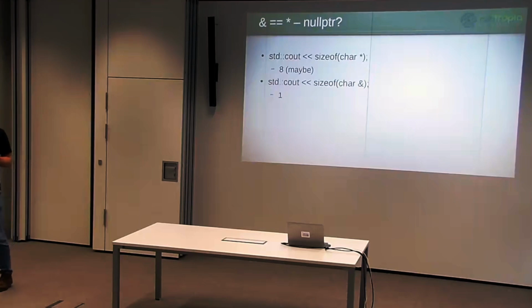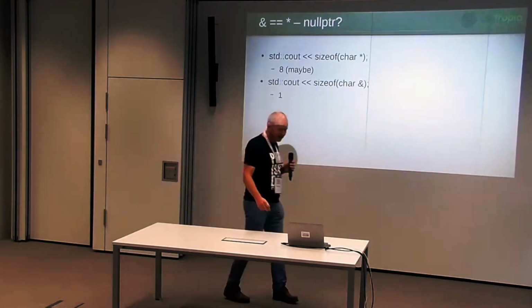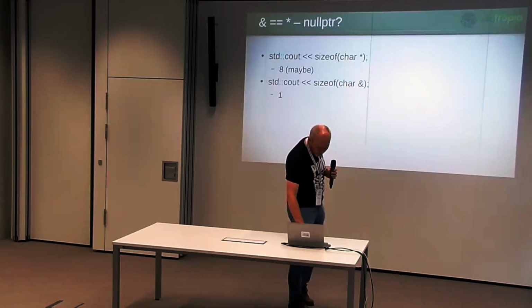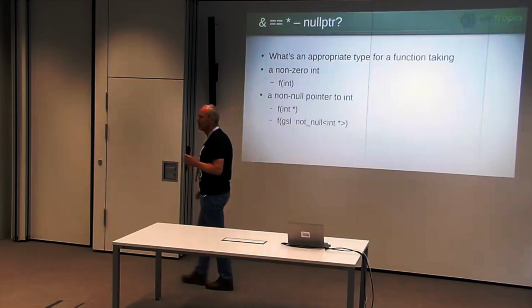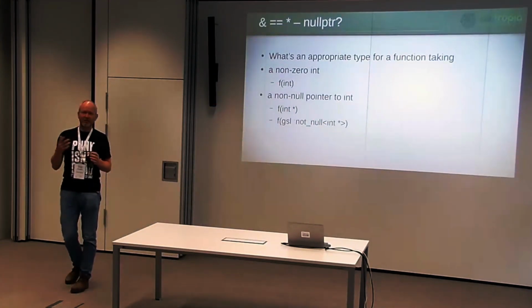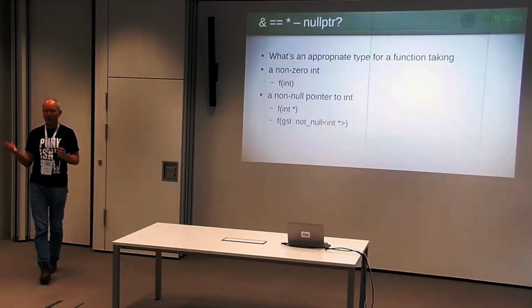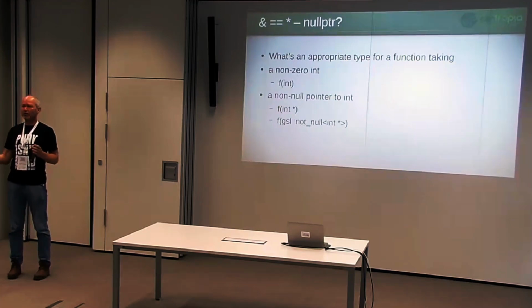So you don't have a pointer at hand there. You don't manipulate a pointer. It's just another name to reference that character. So beware. And carrying that analogy a bit further, do not use a reference as a replacement for non-zero pointers. If you have a function that takes a non-zero int, what would you use as a type for that?